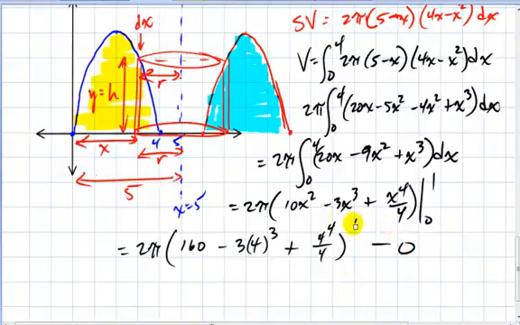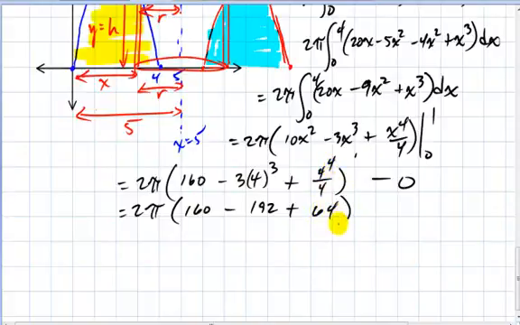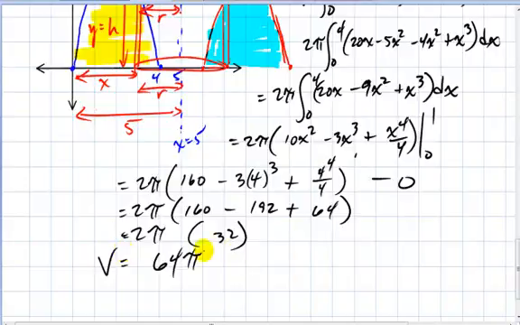Everything evaluated at 0 is 0. And so what did we get? We get 2 pi times 160 minus 64 times 3, which is 192, plus 4 to the third, which is 64. Combine all this, you get 2 pi times 32, which, believe it or not, becomes 64 pi cubic units.